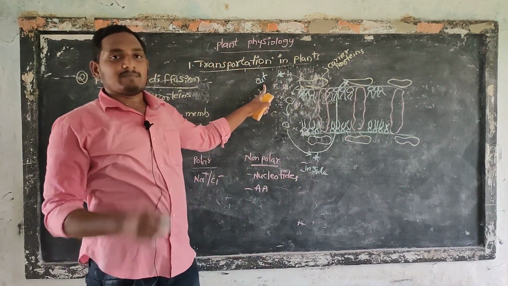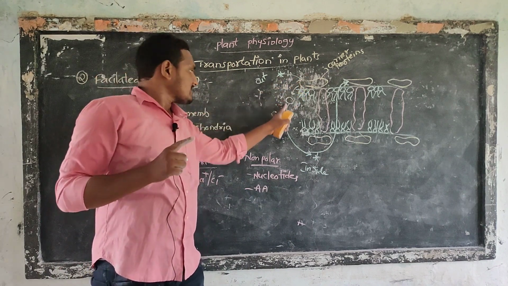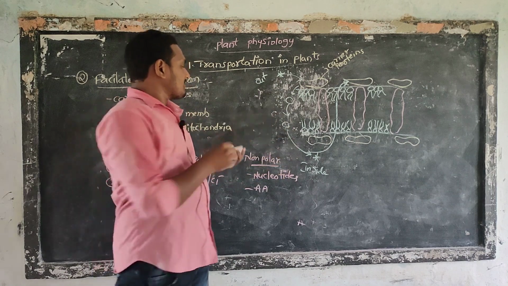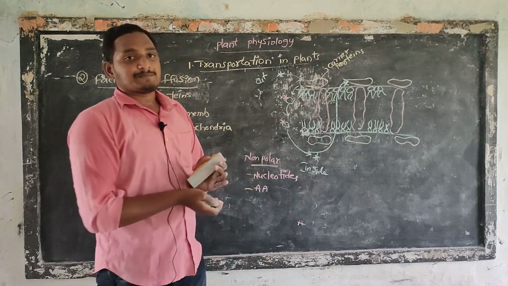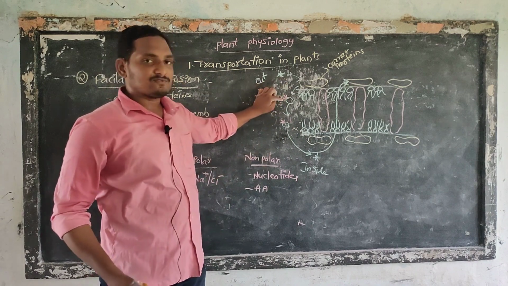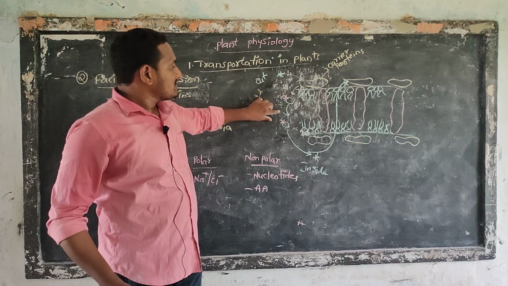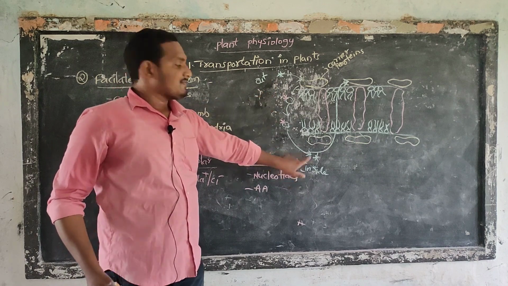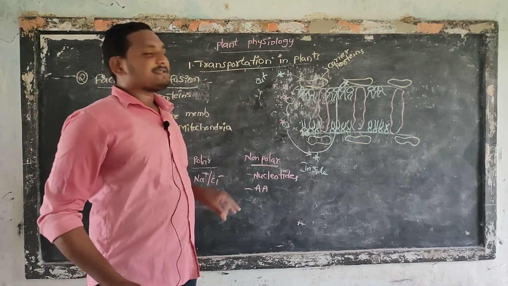Every time the particles are attached to the carrier proteins, the carrier proteins enter inside along with the substance. The substance is attached to the extrinsic protein, that is the carrier protein. The carrier protein sends this particle inside, then again comes back outside. This is the carrier protein.